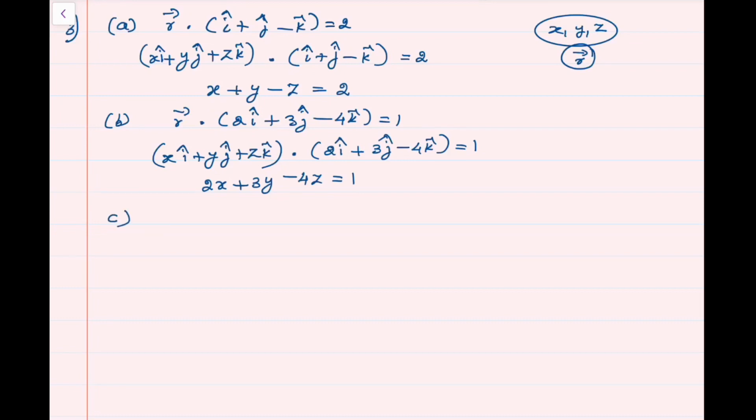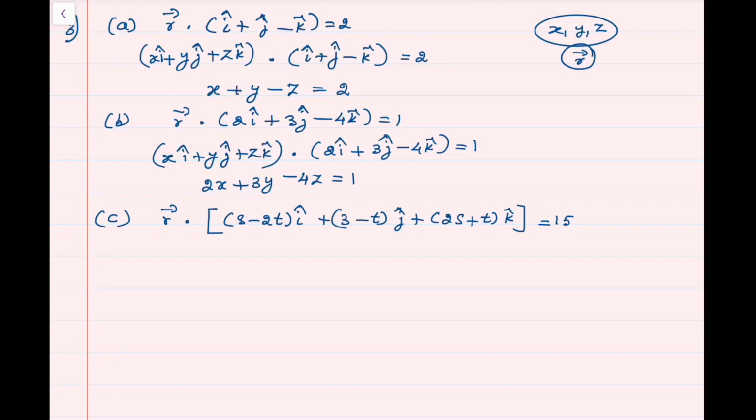Subdivision C. The given equation is vector r dot (s minus 2t) i cap plus (3 minus t) j cap plus (2s plus t) k cap equal to 15.